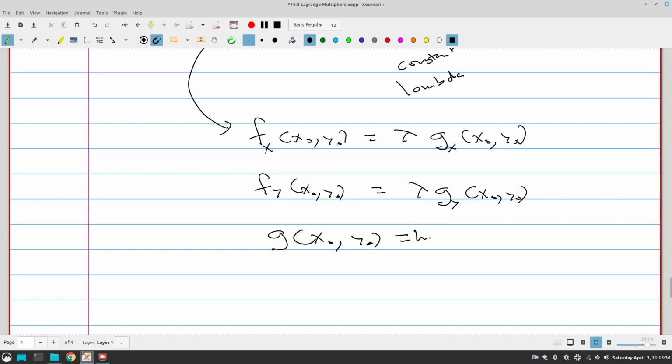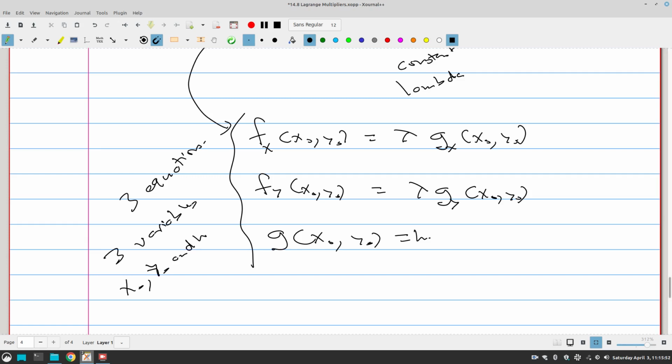So I have three equations, of course k is known, and three variables, x naught, y naught, and lambda.